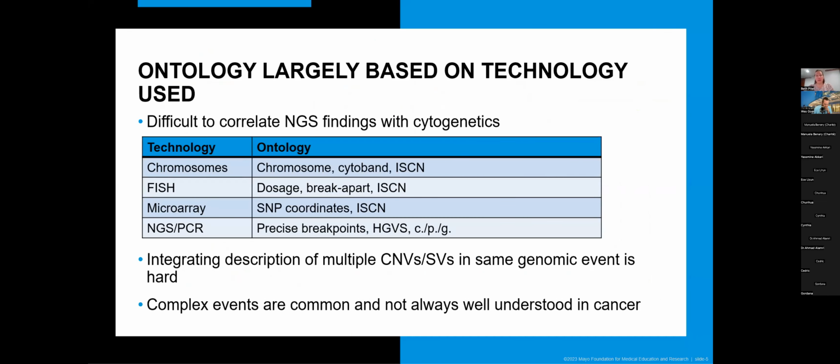Additionally, another problem that we run into is the ontology that we use to describe structural variants and complex variants is largely based on the technology used and the resolution that we're able to achieve.